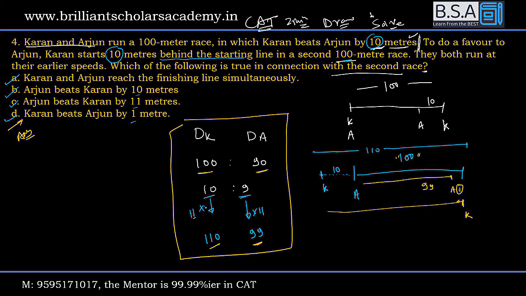So you multiply 11 and you multiply 11 here as well, because the ratio will not change. Karan completes 110 meters, and Arjun completes only 99 meters. So Arjun loses by 1 meter or Karan wins by 1 meter. This is the past CAT question.